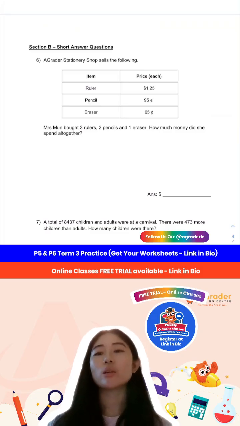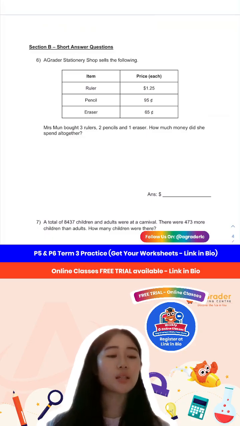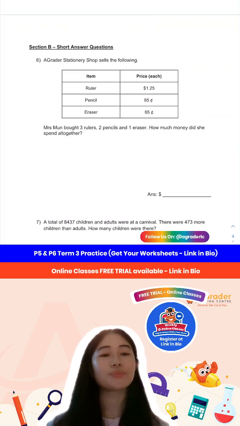So we're done with the MCQ, and now we can look at our short answer questions. Can you guys try question 6? Question 6 is not difficult, you just need to be careful with your calculations. Try it out and let me know your answers.